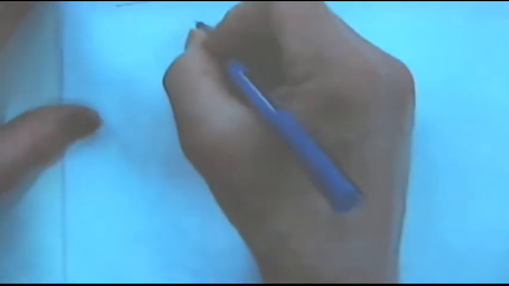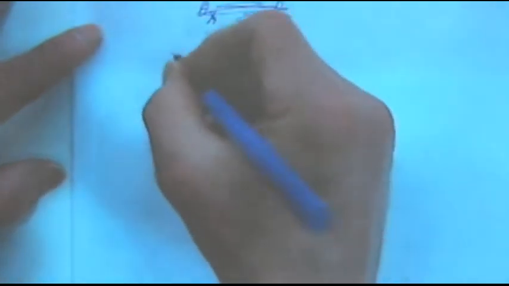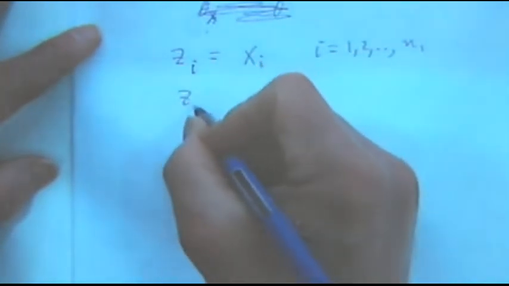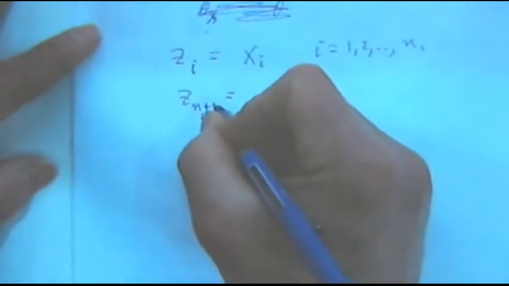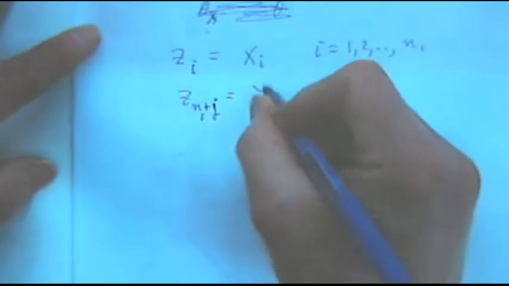We can let z sub i equal x, and z sub n1 plus j equal y.